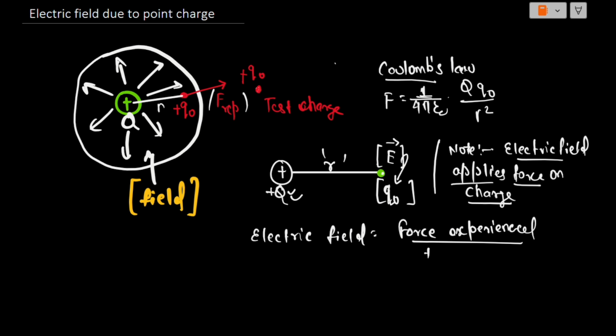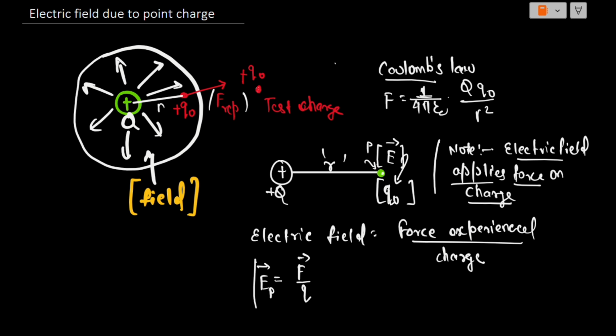We know which charge is experiencing the force: the test charge is experiencing the force and it is going outwards due to the repulsion force. So we can say that the electric field at point P, let's say this point is P, due to the Q charge can be written in the form of force over charge.